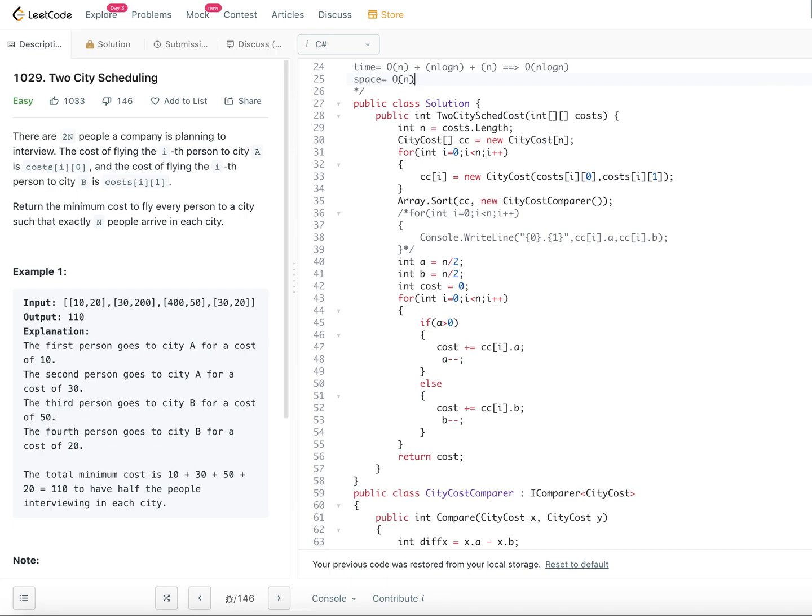So the space complexity is order of n and time complexity is order of n log n. We are using a bunch of variables like n, a, b, cost. These are all the same irrespective of the length of n, so we don't include them as part of the space complexity. So the total space complexity is order of n and total time complexity is order of n log n.